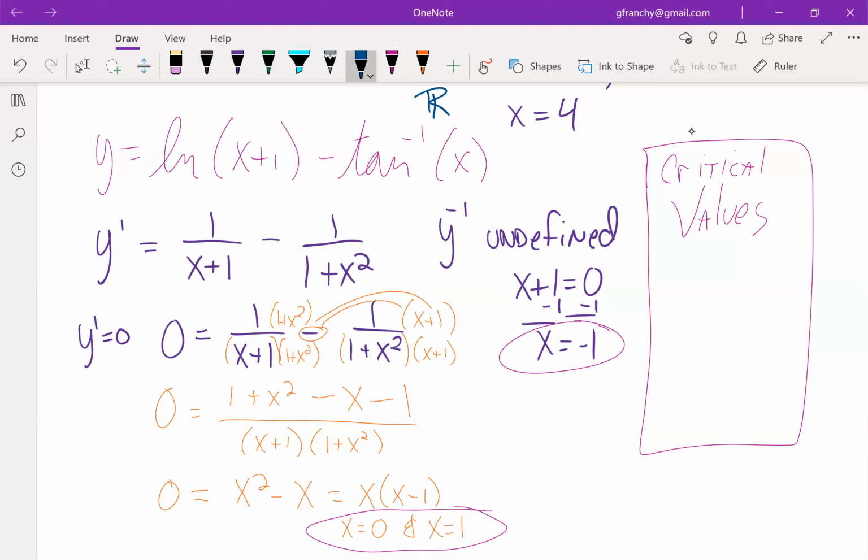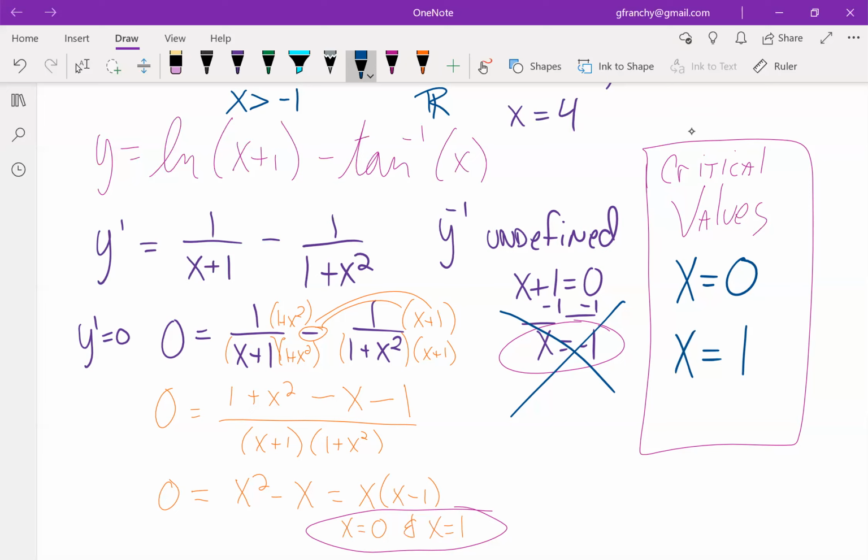But the domain of natural log of x plus 1 is x greater than -1. So because of that, we don't get to keep -1 as a critical value, and our critical values here are x equals 0 and x equals 1.